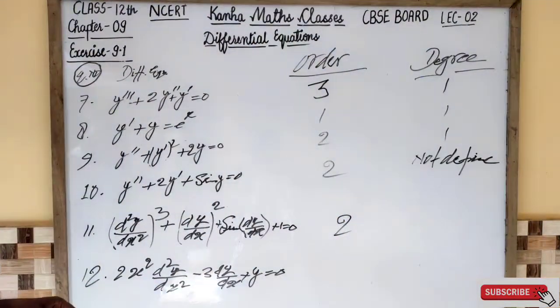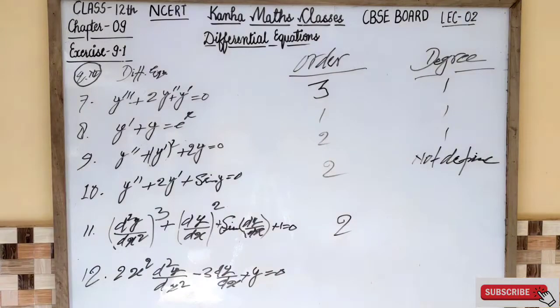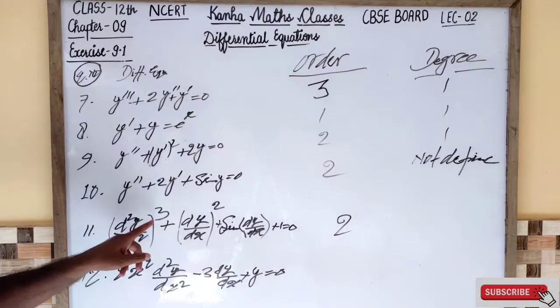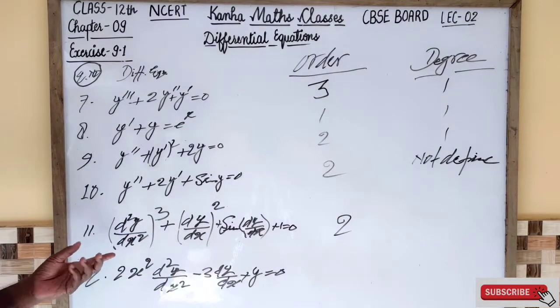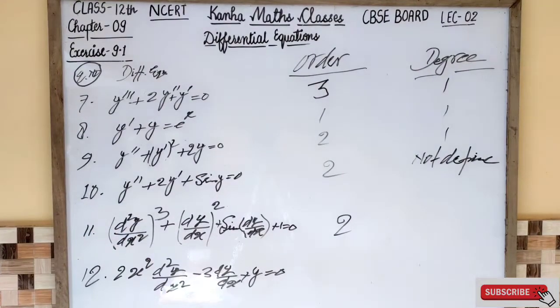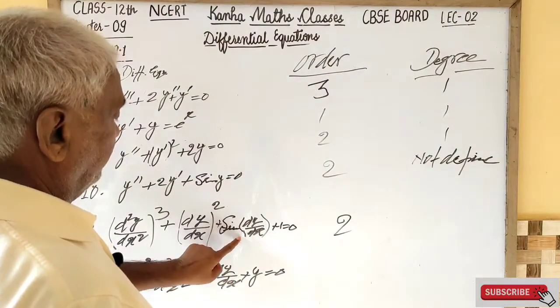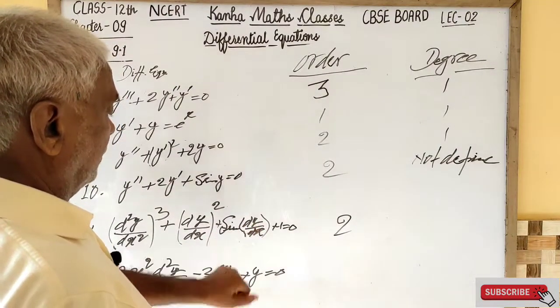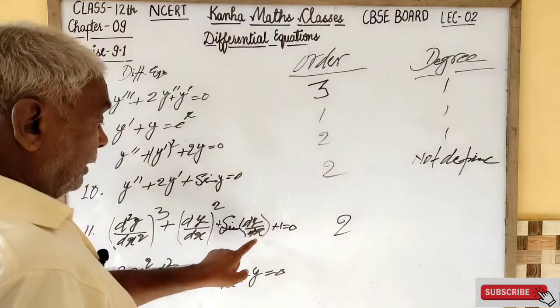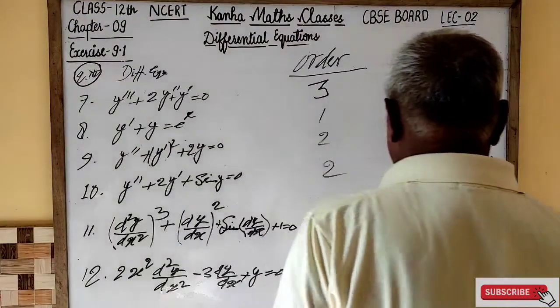But so far as the degree of the differential equation is concerned, if the sine term didn't exist, then the degree would be equal to 3, because the highest power is 3 here. But it is not defined, because we have sine of dy by dx. Not only a derivative lies here, but the sine of a derivative, hence it is not defined.